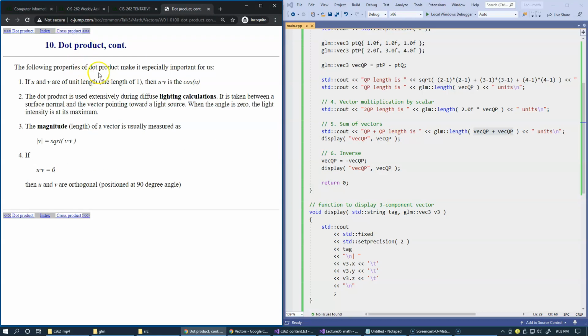So let's summarize some of the properties of the dot product, especially those that are important in 3D graphics. If the two vectors are of unit length, which means the length is 1, then the dot product is simply the cosine of the angle between the vectors.